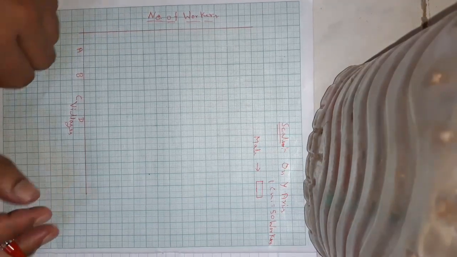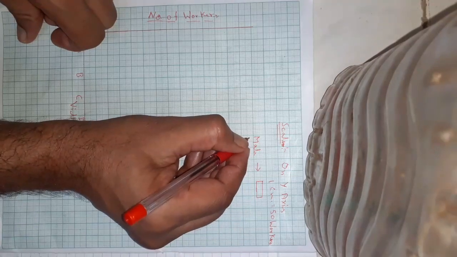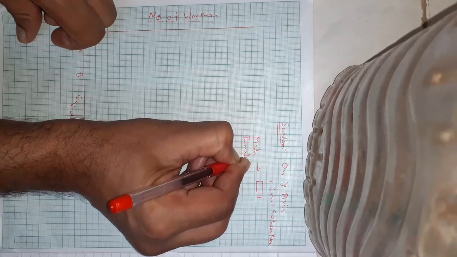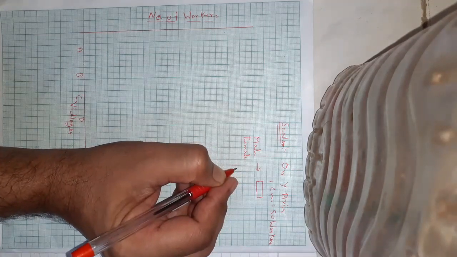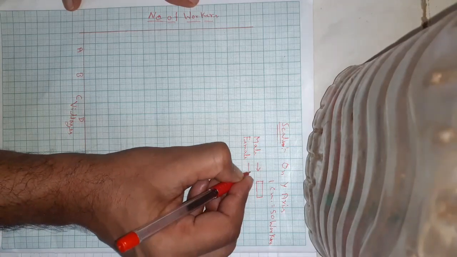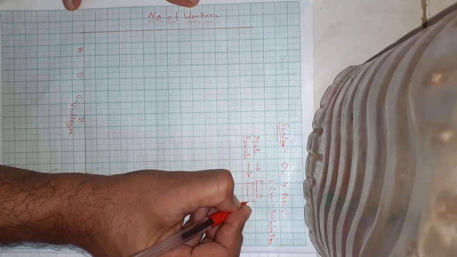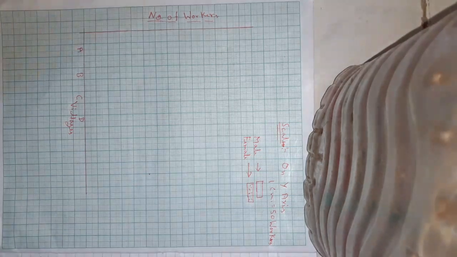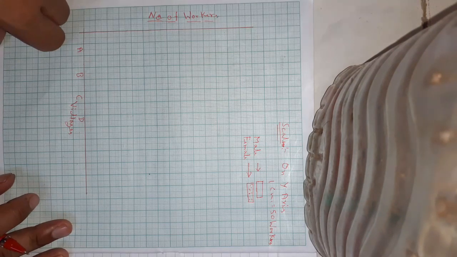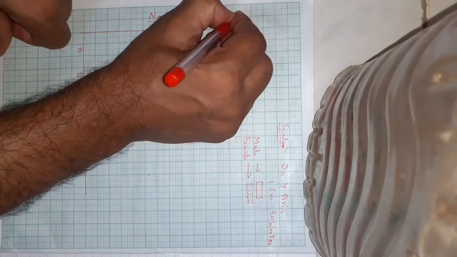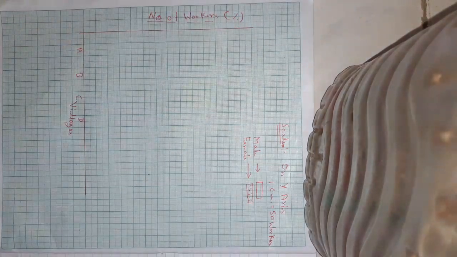Okay, female represented by this dotted. Clear. Okay, now I am making the number of workers, but in percentage. Okay, clear?